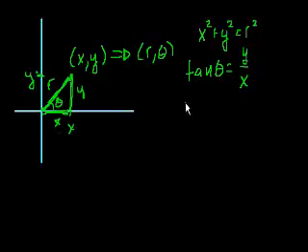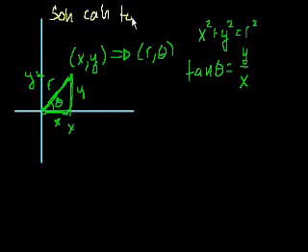And if you wanted to go one step further, and this is actually something that you should write at the side of your paper, how can we express y as a function if we wanted to go the other way? If we were given r and theta, how could we get y? Well, let's think about it. R is the hypotenuse, and y is the opposite. Let me write SOHCAHTOA down.